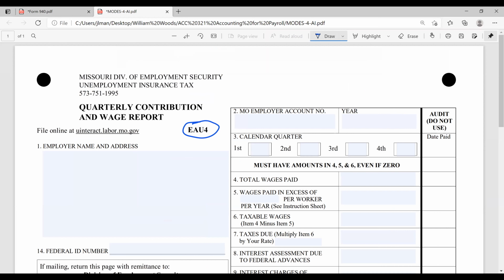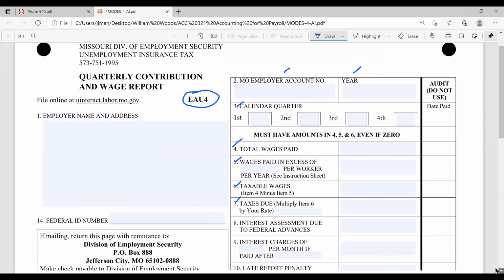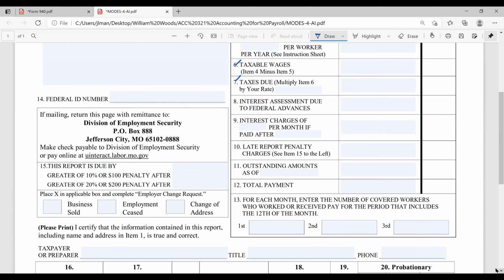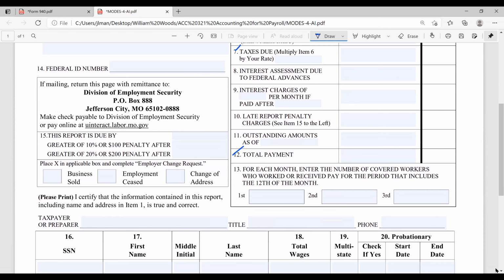You see employer name and address, account number, the year, what quarter this is for, total wages paid in excess, taxable wages, taxes due, right? If there's any interest assessment due, interest charges for the month if paid after a certain date, late report penalty charges, outstanding amounts, total payment.